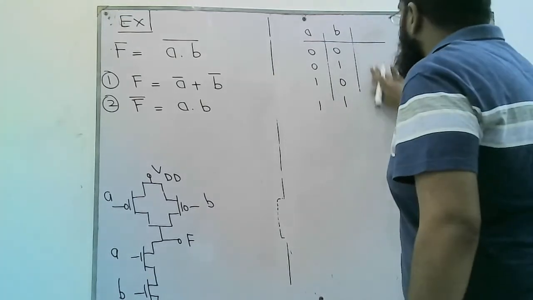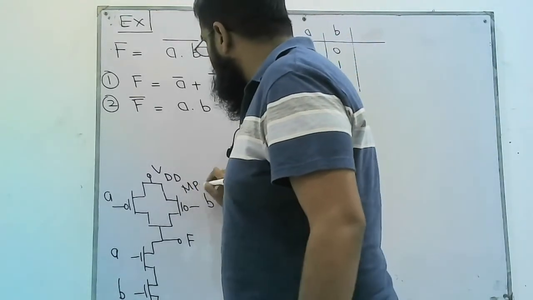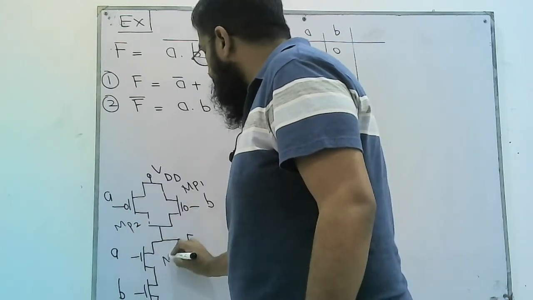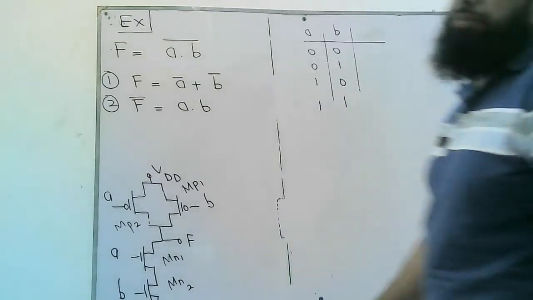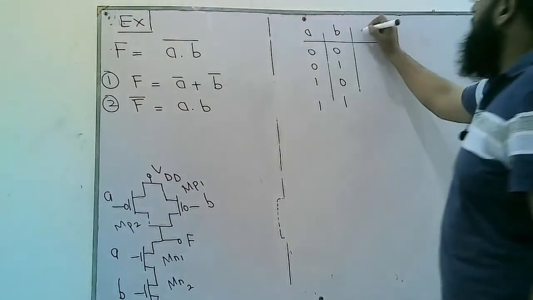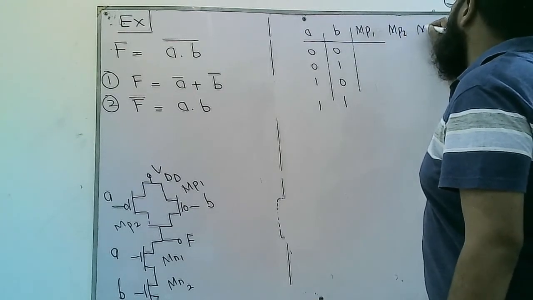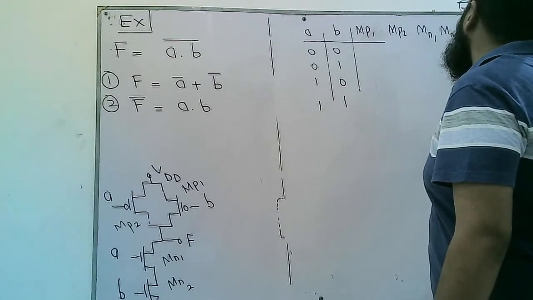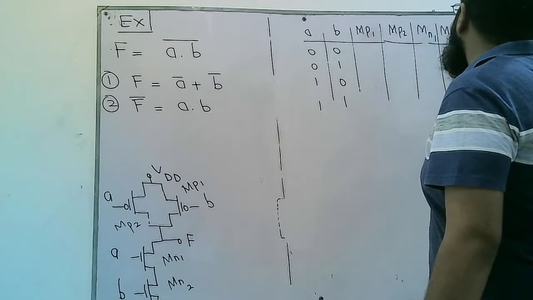Let's see whether it fulfills this truth table. Let's give these transistors names: MP1, MP2, MN1, and MN2. Here we are going to write the status of these 4 transistors for every input combination applied at the input.